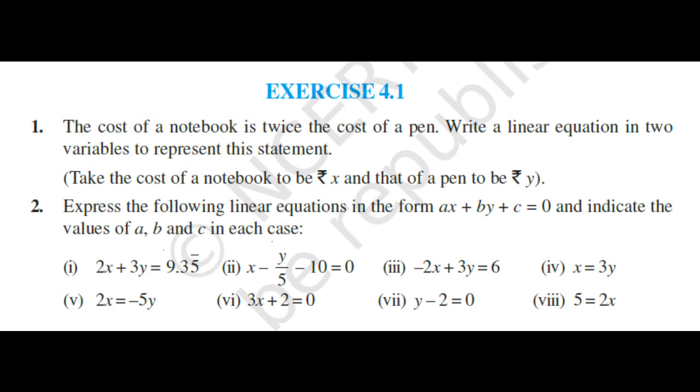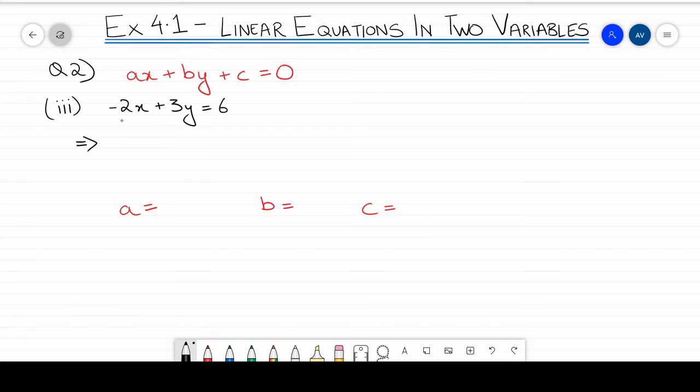The third part is minus 2x plus 3y is equal to 6. Now moving all the terms again to the left hand side, we get minus 2x plus 3y minus 6 is equal to 0. Again, it's fairly easy to see.